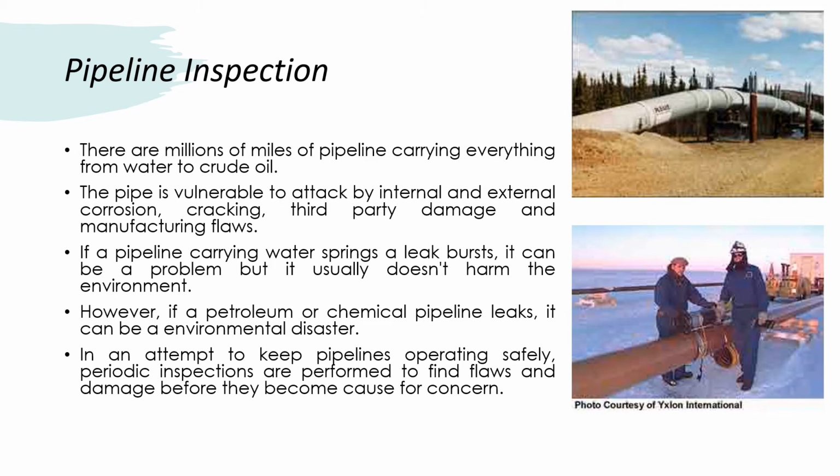Pipeline inspection. There are millions of miles of pipelines carrying everything from water to crude oil. The pipe is vulnerable to attack by internal and external corrosion, cracking, third-party damage, and manufacturing failure.